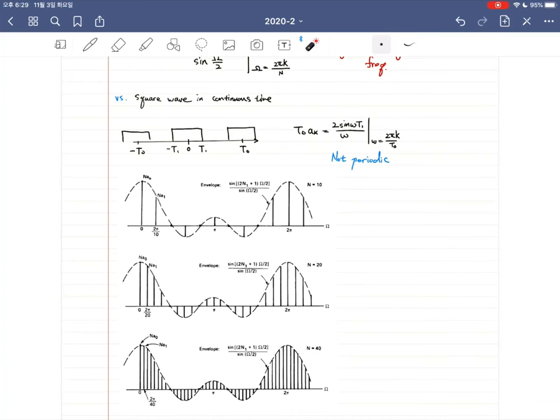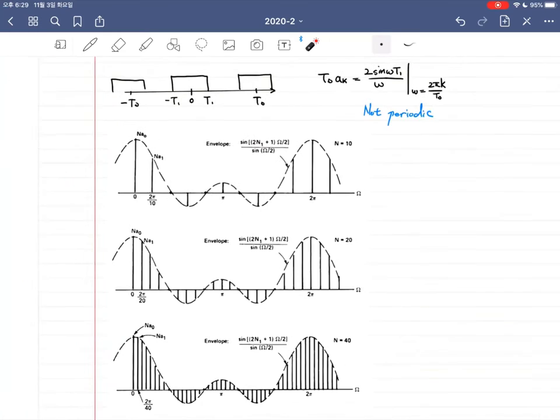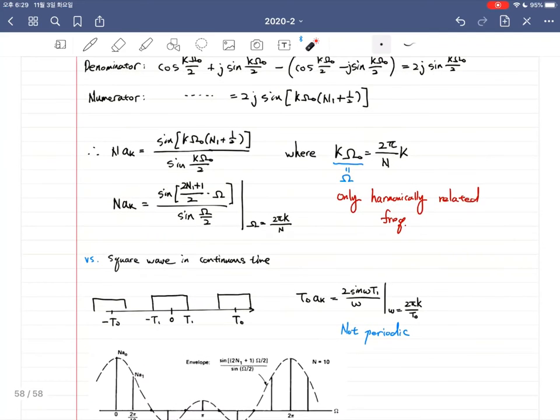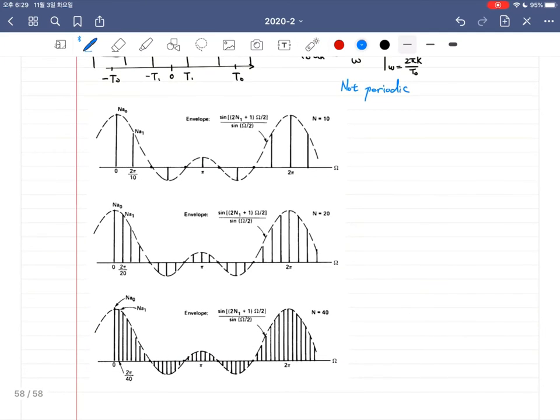You have seen this property when we were dealing with continuous time. And also, we can say that this envelope here is periodic, right? Because a_k is periodic due to the things that we learned with this discrete time.